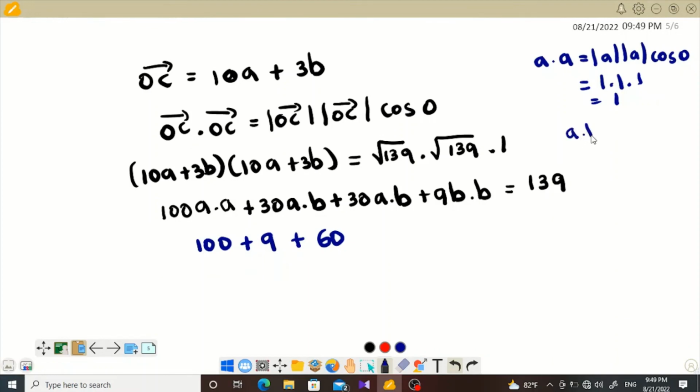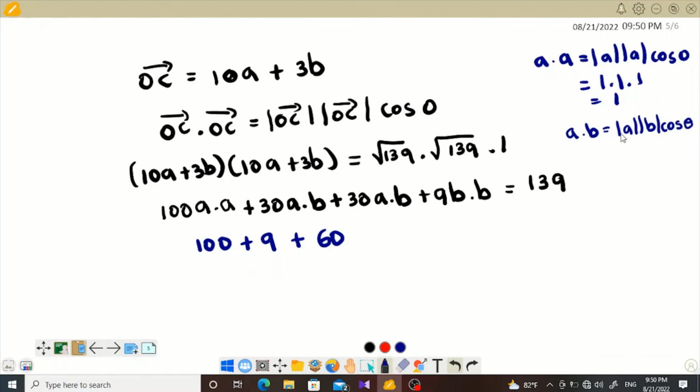First, a dot b means modulus a modulus b cos theta. Theta means the angle between vector a and vector b, which is the same angle between OA and OB. So the AOB angle is theta. Here I denote theta as the AOB angle. Right?